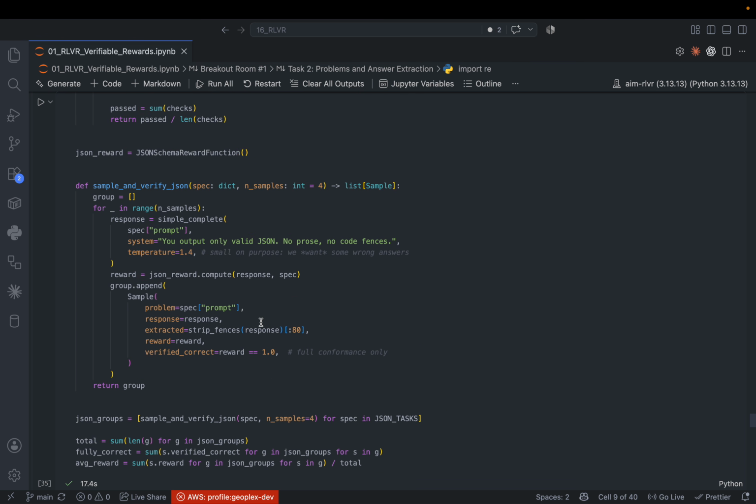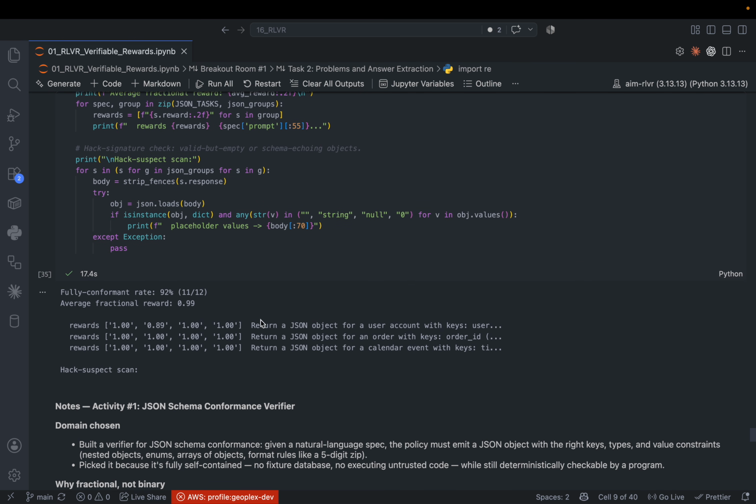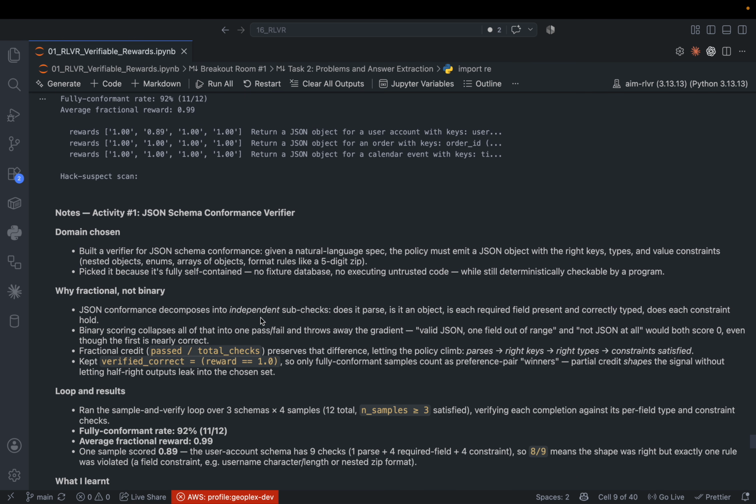And because of that, the kind of reward I went for was fractional, not binary, because you want the model to try and improve slowly. So does it pass? Is it an object?